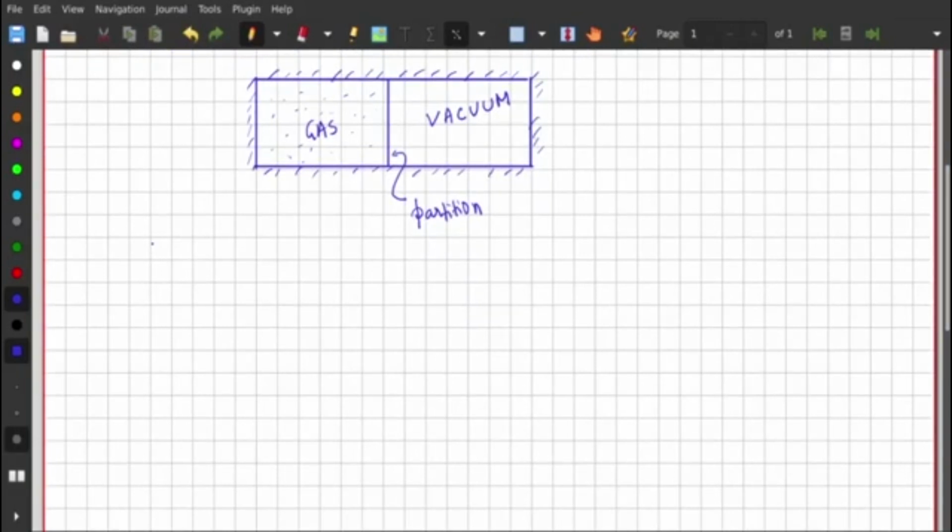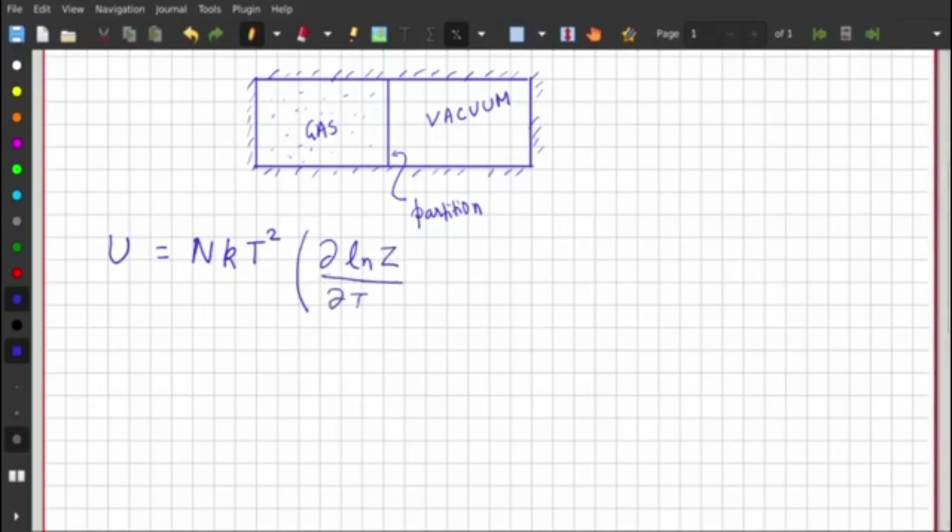So if you recall, the internal energy, let's say U, in terms of the partition function, is given by n Boltzmann constant T square times the partial derivative of the logarithm of the partition function with respect to temperature at constant volume. Okay, that you recall from our main lectures, where we saw how important the partition function is, and the partition function helps us to compute all other thermodynamic quantities.